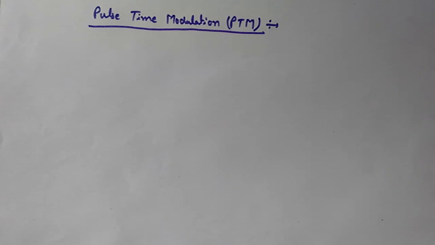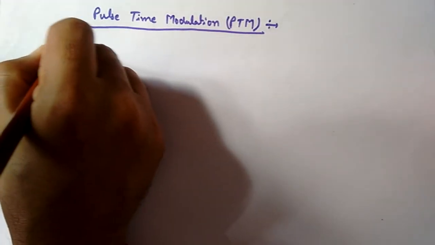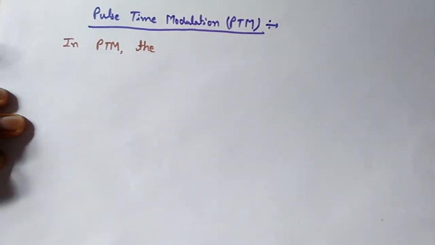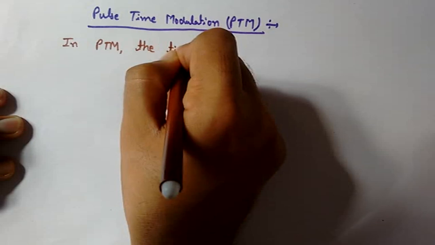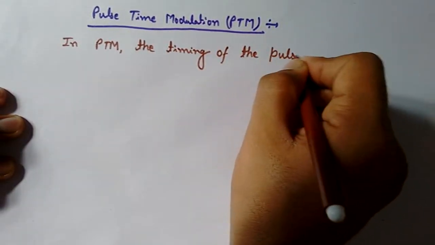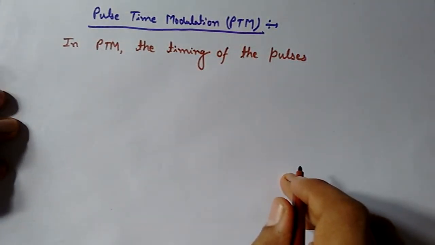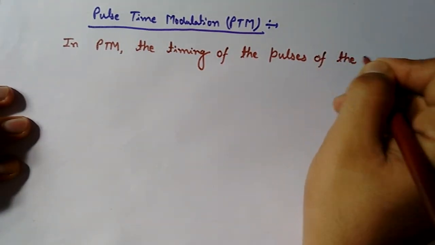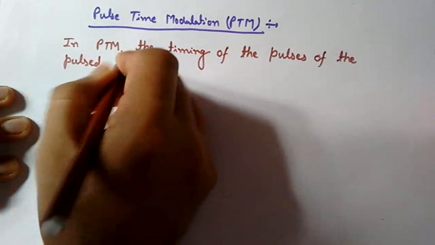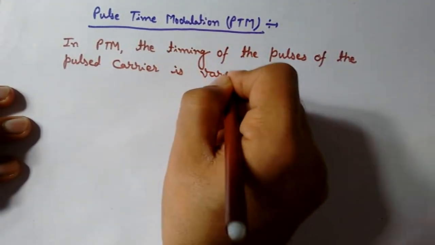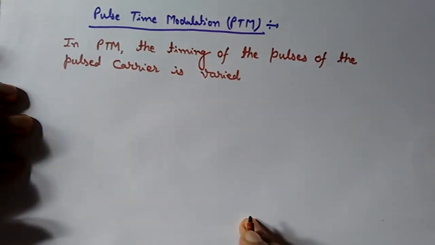So let me write the definition here. In PTM, the timing of the pulses of the pulsed carrier is varied.